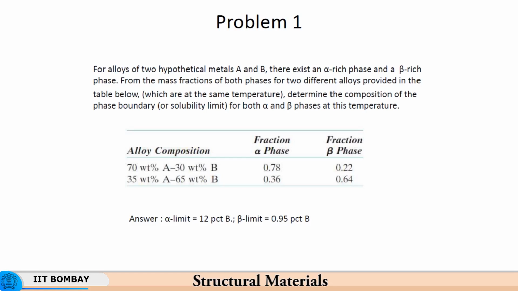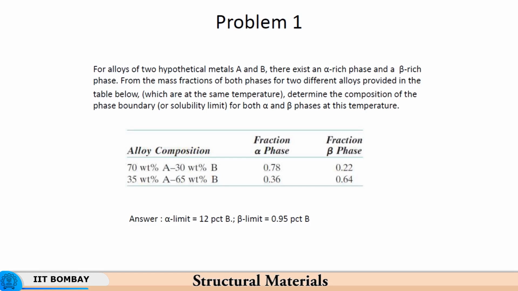For another alloy which has a smaller quantity of A, 35% of A and 65% of B, naturally the alpha fraction will be much smaller because A is less. Beta is more because it is a B rich alloy, so you have 64% as the fraction of the beta phase.